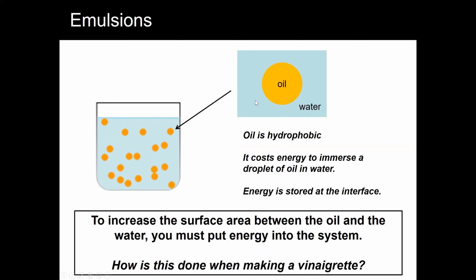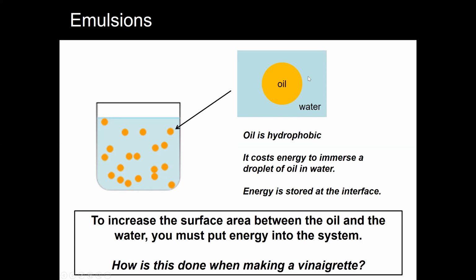Water would rather be around water, oil would rather be around oil. And so when you create a surface where water is touching oil, you're actually storing energy in that surface, as strange as that sounds, and it takes energy to make that surface.